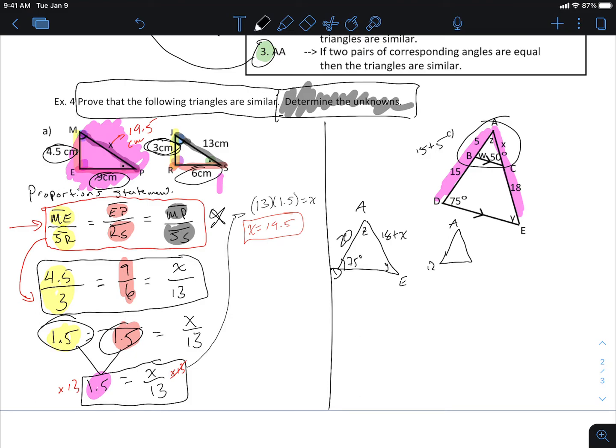A, B, and C. Well, it looks like AB is going to be 5. They've said this is W, and this is 50. And then this is X.